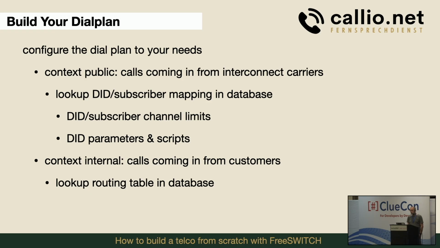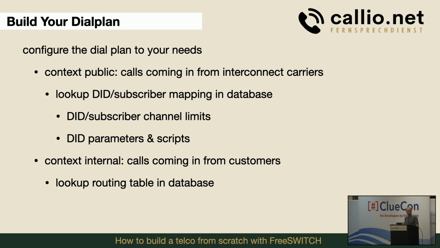The dial plan, as I said before, is also a static file, so you can configure the dial plan to your needs. Configure 2 contexts, a public context which handles all the calls coming in from the interconnection carriers.